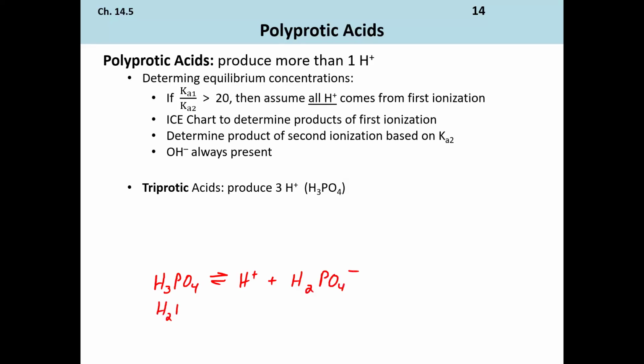Then that H2PO4 minus loses another H plus to become HPO4 2 minus. And then that HPO4 2 minus loses another H plus to become PO4 3 minus, right? And so it's left with a phosphate ion.